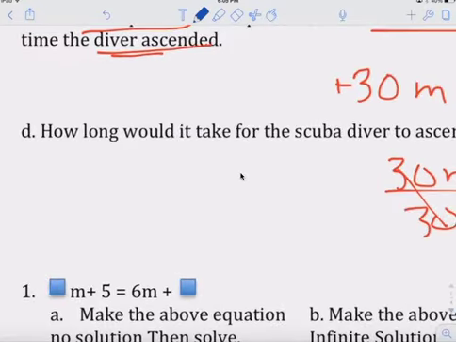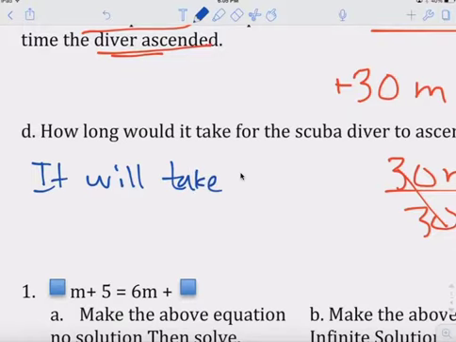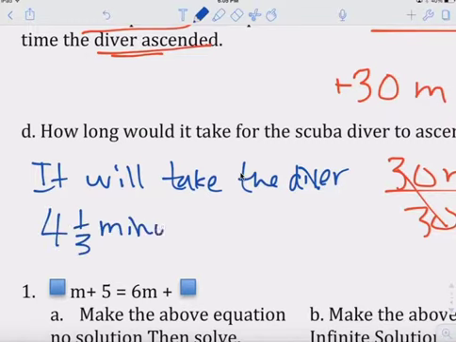It will take this diver 4 1/3 minutes. 1/3 of a minute, 60 divided by 3 is 20, so 20 seconds. 4 minutes and 20 seconds.